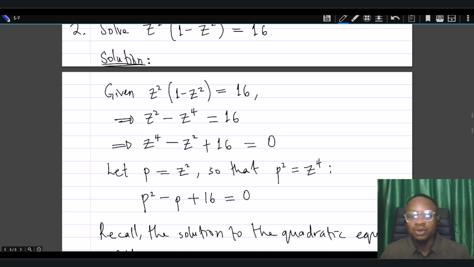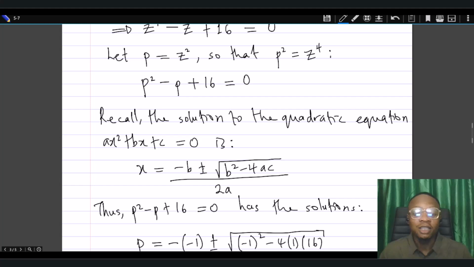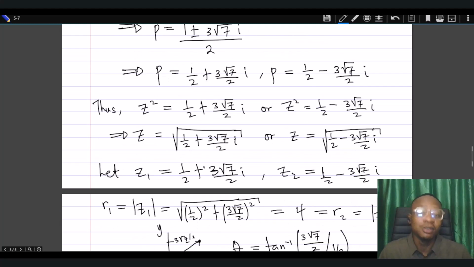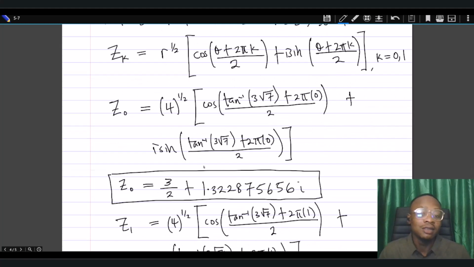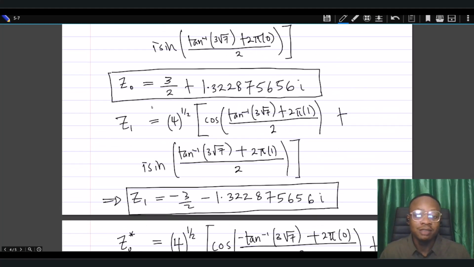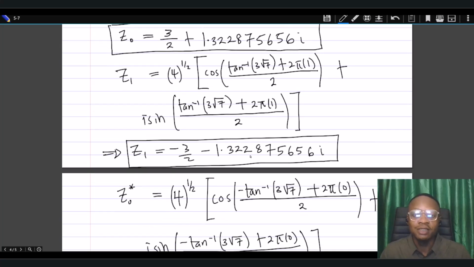This is a polynomial with real coefficients. So once you obtain one result, its conjugate will also be a solution. And once you have obtained two different results here, different because this is plus and this is minus, so they are not conjugates of each other, we know that the conjugate of this will be a solution as well, and the conjugate of this will be a solution as well.